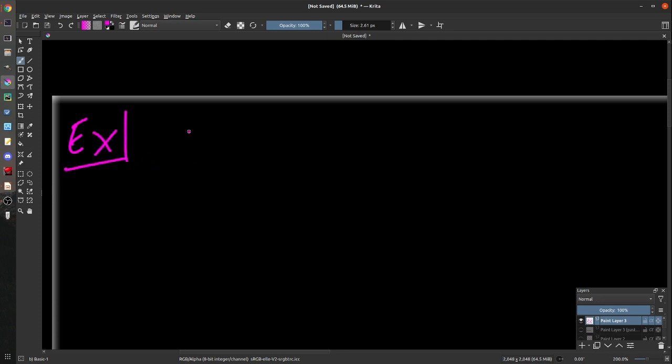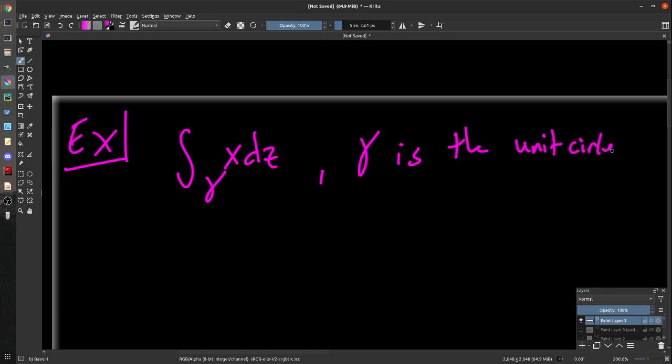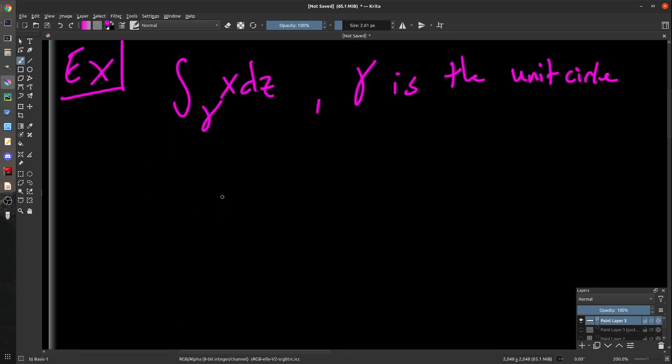Let's do the integral about gamma of x dz, where gamma is the unit circle's boundary, right? It's along the edge of it, the circumference of the unit circle.